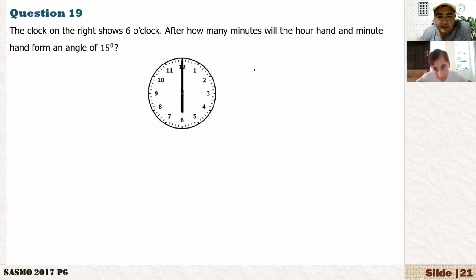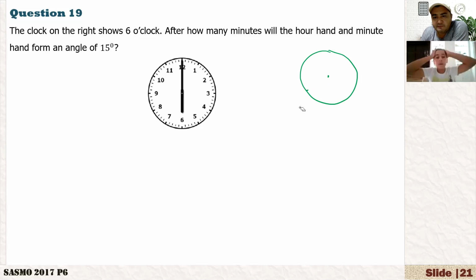What is the angle, for example, if I draw a clock here, if you just pick any two consecutive numbers, let's say it is 7, and 7 is not there. Ah, wait. No, I forgot. If I'm turning the hour hand, wait. It will be here. Okay.